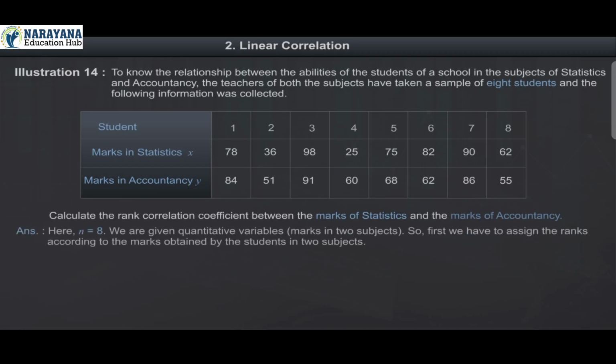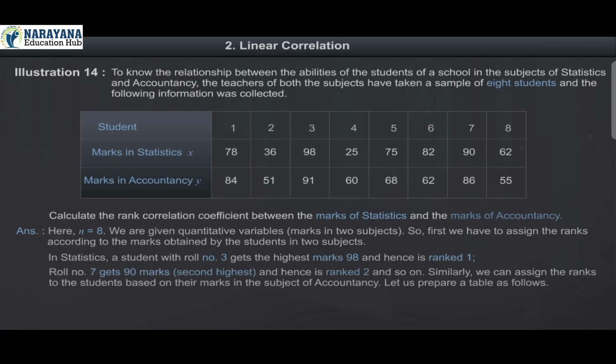Answer. Here n is equal to 8. We are given quantitative variables, that is marks in two subjects. So first we have to assign the ranks according to the marks obtained by the students in two subjects. In statistics, a student with roll number 3 gets the highest marks 98 and hence is ranked 1.